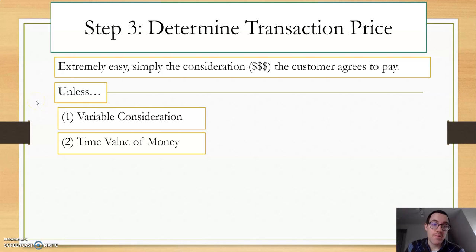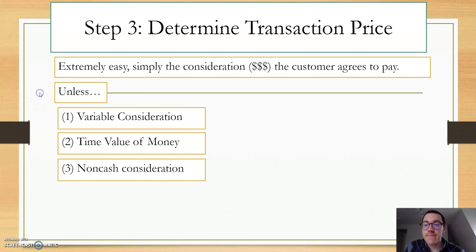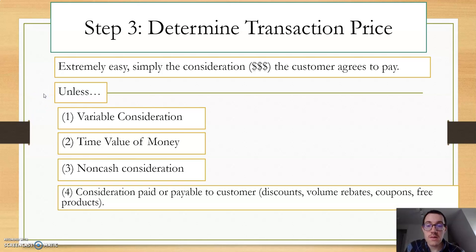Got to consider the time value of money when recognizing your revenue. Non-cash consideration is another situation. And then consideration paid or payable to the customer. So the firm gives back to the customer, maybe with a rebate, perhaps free products or just a discount.